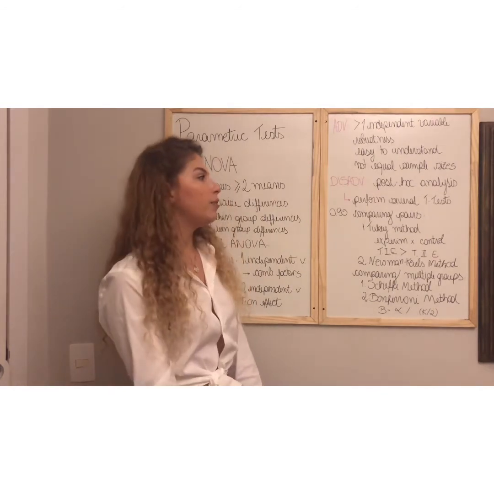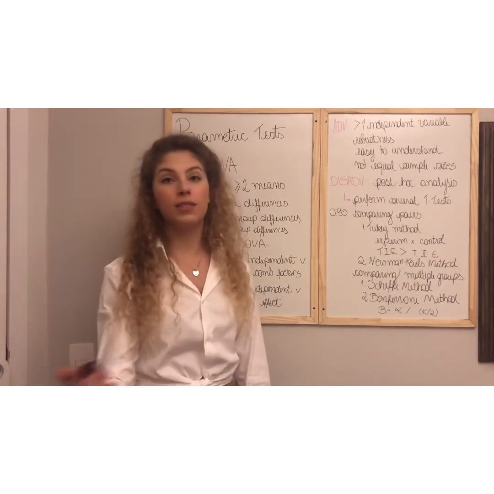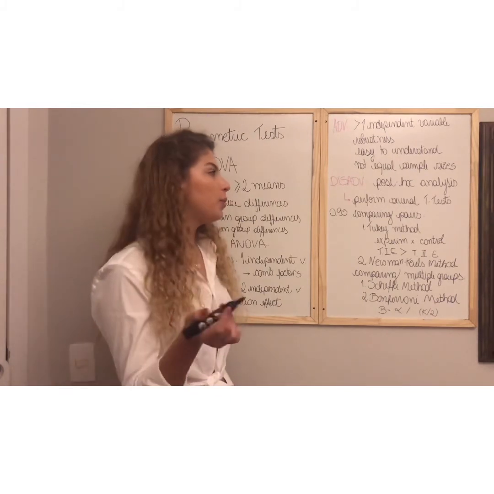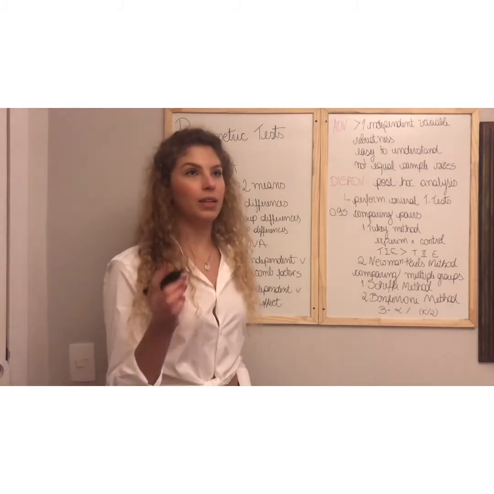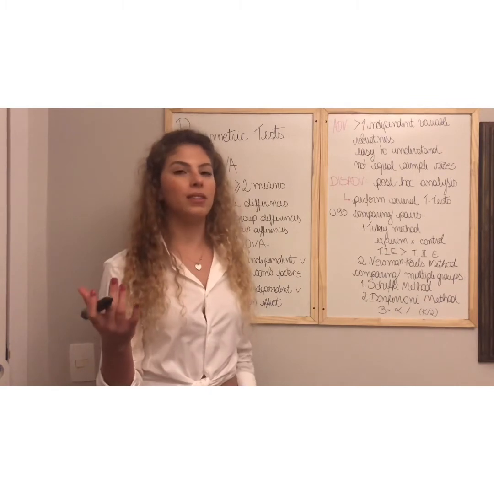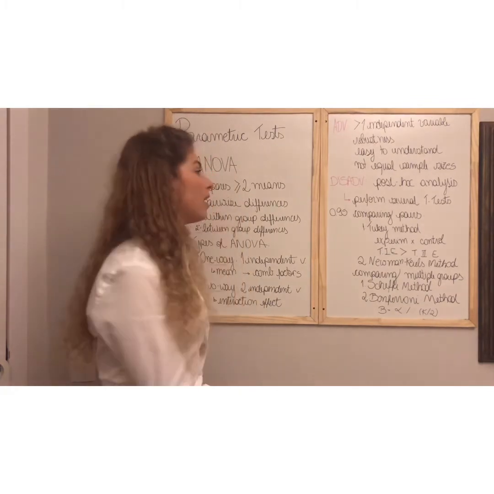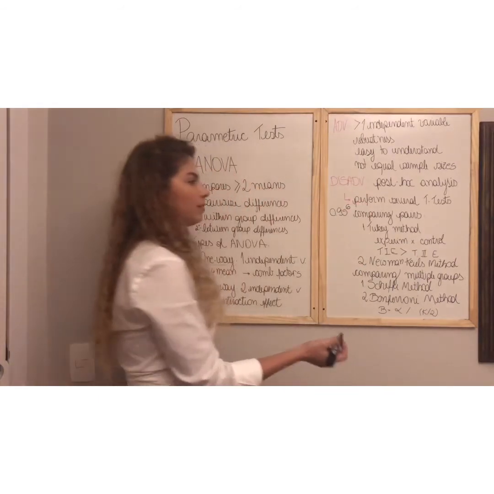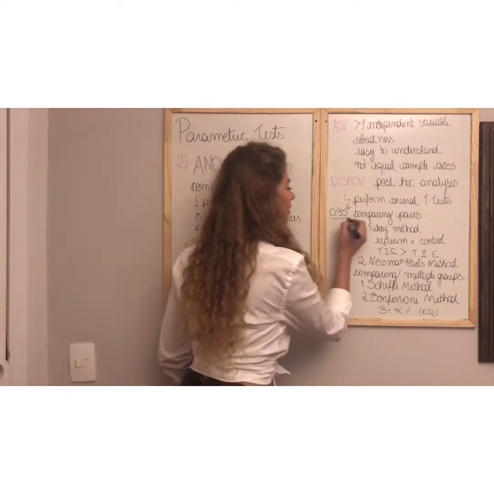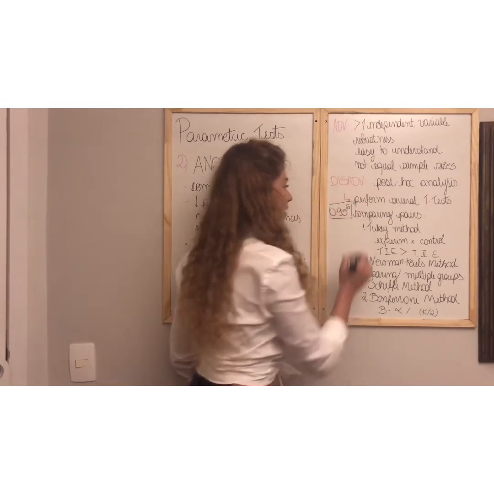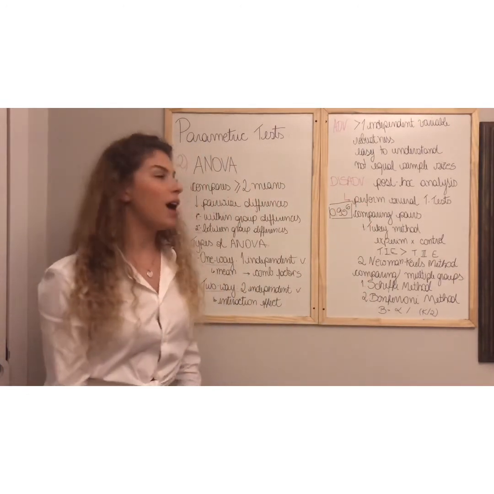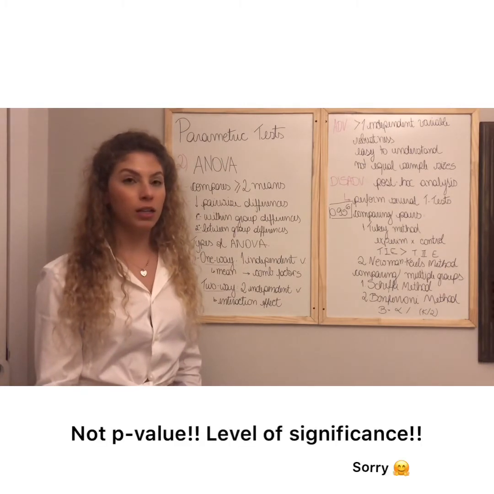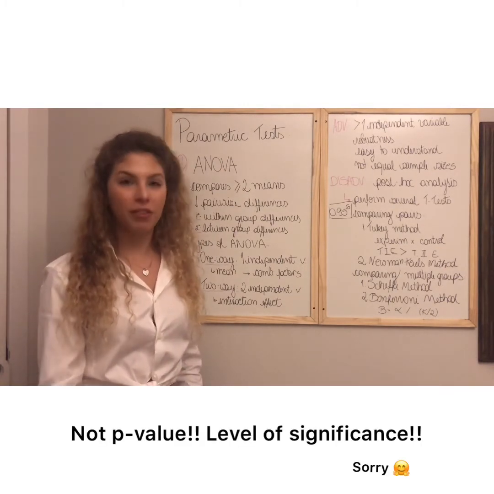If you run, for example, 4, 5, 6, let's stay with 6. If we run 6 t-tests, if we have like 6 pairwises that we want to analyze, then this alpha would be like this equation here. So then we would have a pretty lower p-value.